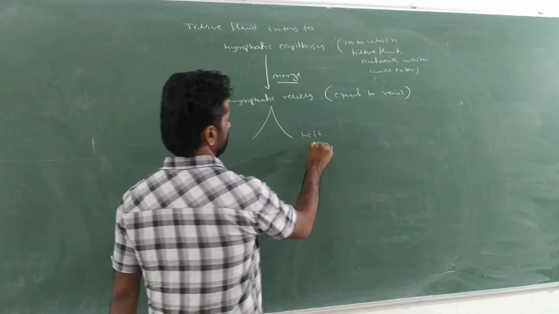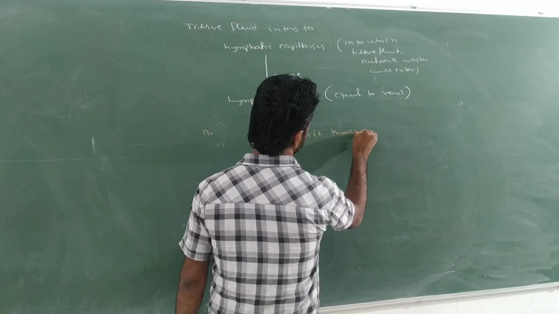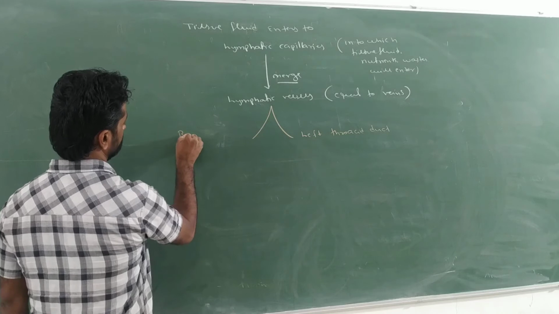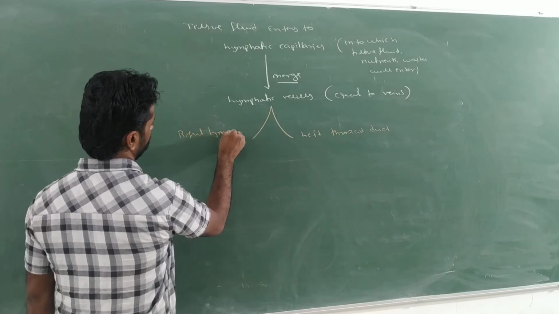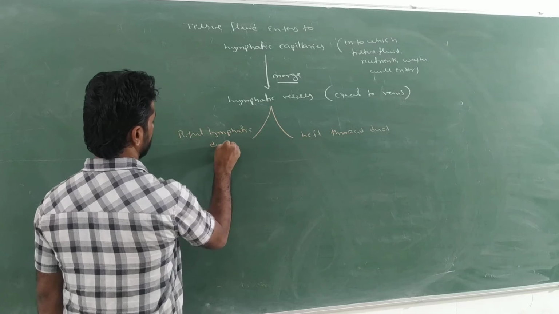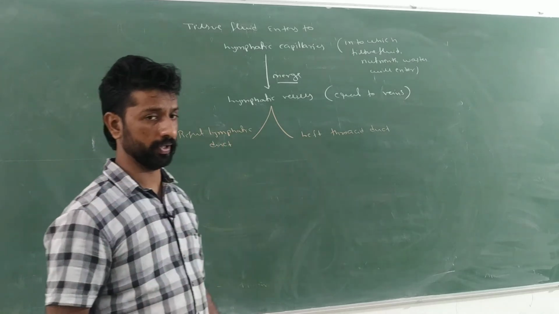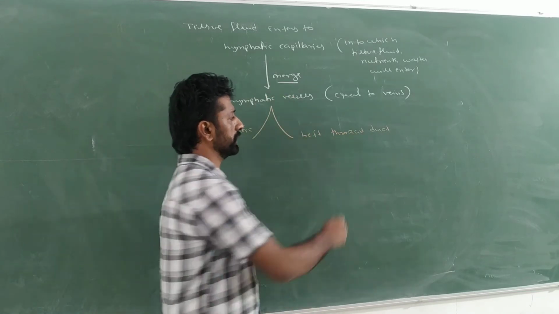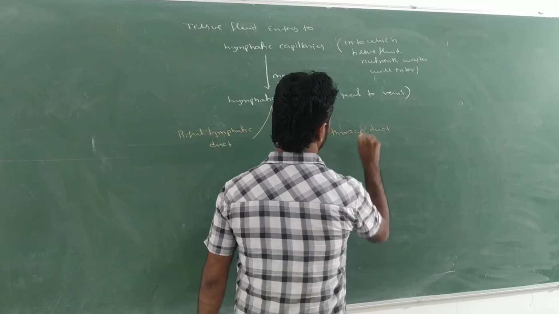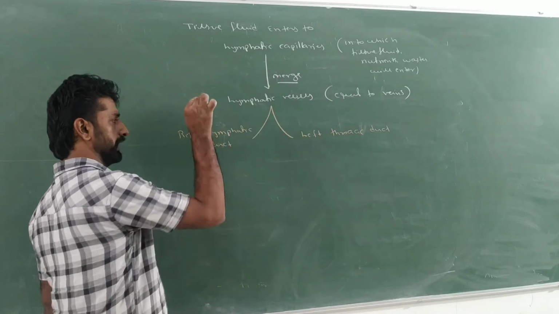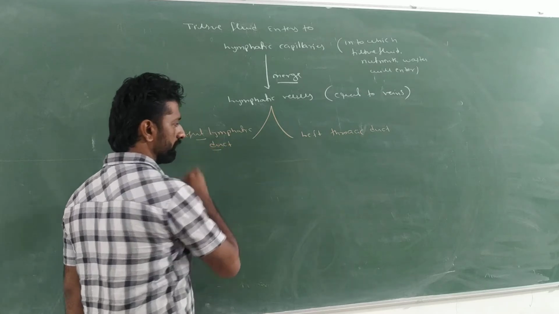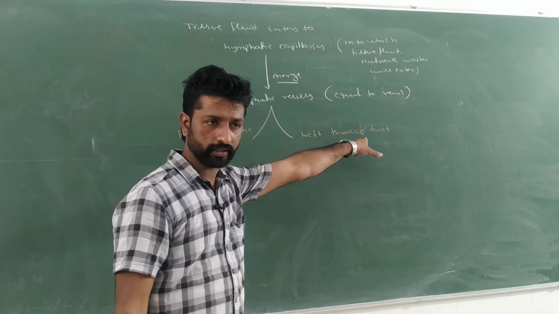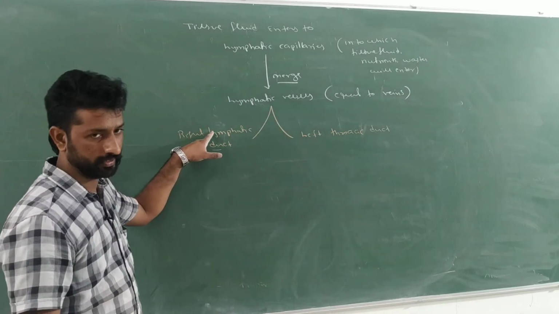Into the left thoracic duct, and on the right side, it is called a right lymphatic duct. The names of these ducts are very important for the NEET examination. Remember, the lymphatic vessels from the left side open into the left thoracic duct. Lymphatic vessels from the right side of the body open into the right lymphatic duct. The left one is called a thoracic duct. The right one is called a lymphatic duct.